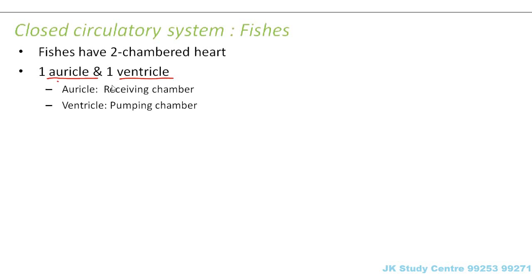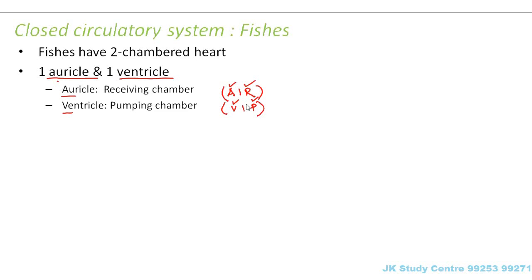Now I'll give you a small memory tip here to remember which is the receiving chamber and which is the pumping chamber. So AIR, that is air, right? So AIR means auricle is the receiving chamber. Similarly, VIP, that is ventricle is the pumping chamber.